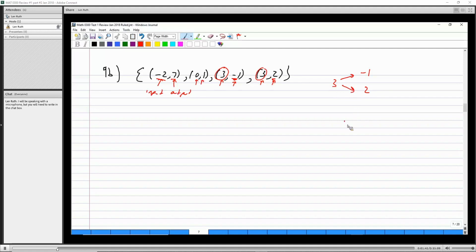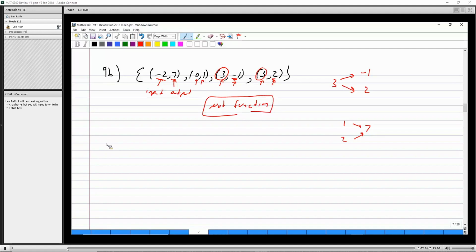It's okay to have different inputs go to the same output. Something like this would be okay. If 1 got taken to 7 and 2 got taken to 7, that's fine. But you don't want one thing splitting and going to multiple places. So because 3 gets shot to 2 different things, it's not a function. So that's one of the questions.